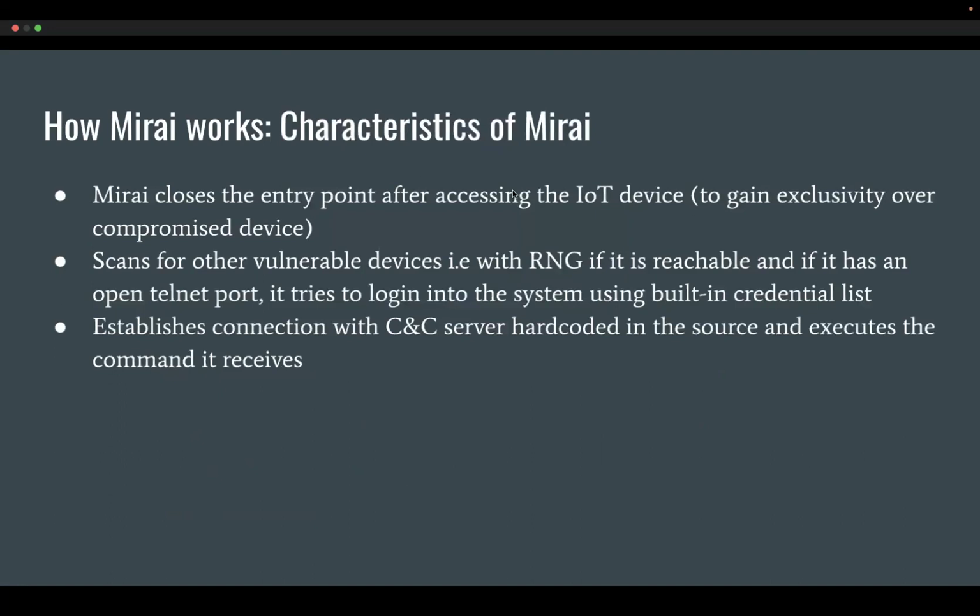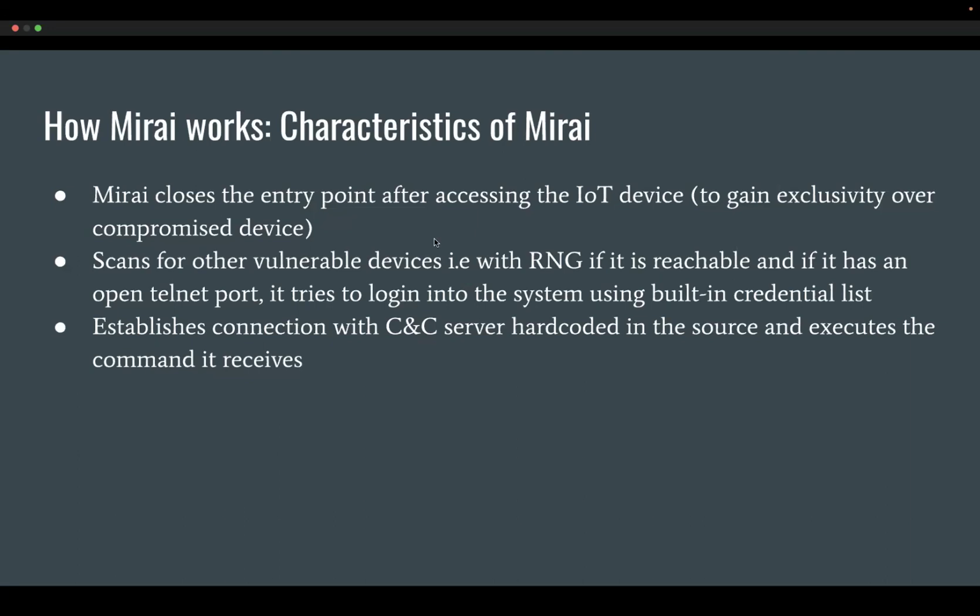Now, there are certain characteristics of Mirai which distinguish it from other malwares. Once Mirai gains access over the device, it blocks off the entry point in order to gain exclusivity. Immediately, once it gains access, it starts scanning for other vulnerable devices.